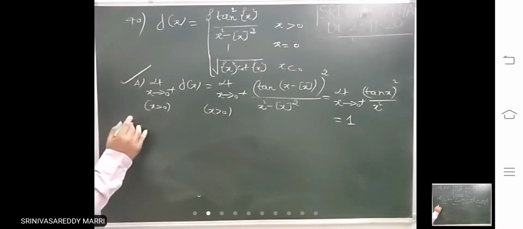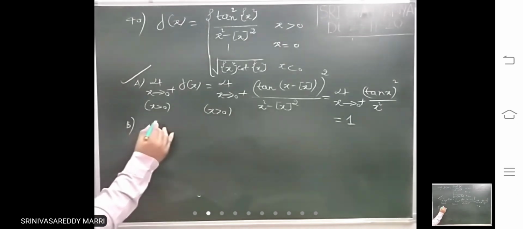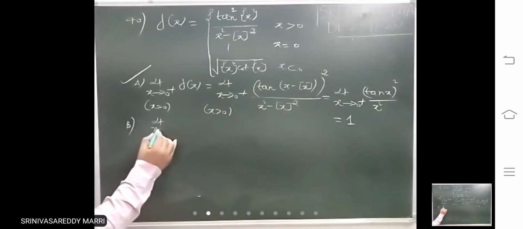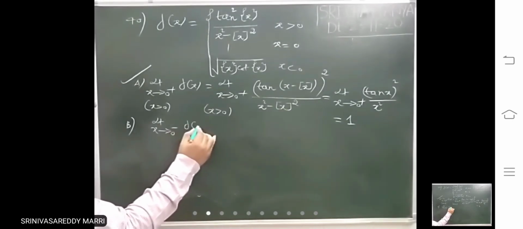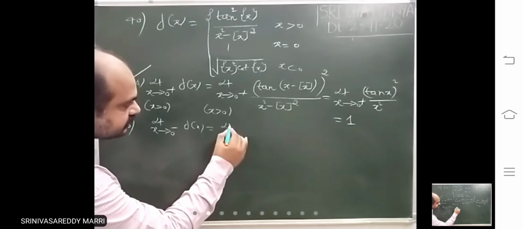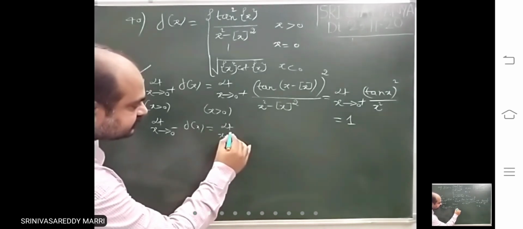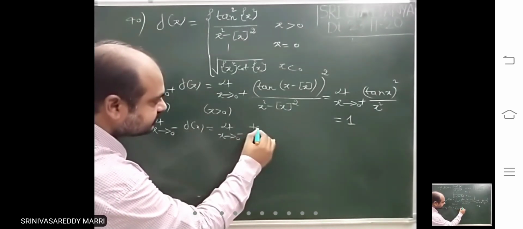Second option, B. If you look at limit x tends to 0 minus f of x, in similar fashion, limit x tends to 0 minus.